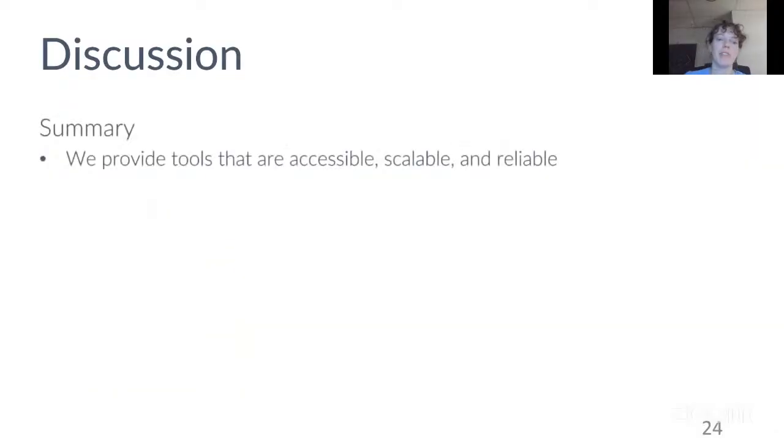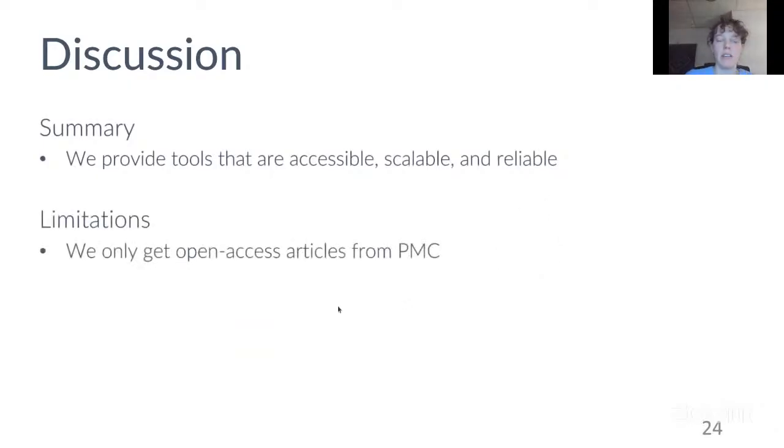So in summary, we provide tools that are accessible, scalable, and reliable, and I can give a little demo at the end if we have time. And one limitation is that we only access open access articles from PubMed Central, and this is for a variety of reasons that make the tool easier to use for a variety of people and make the whole pipeline a lot simpler.